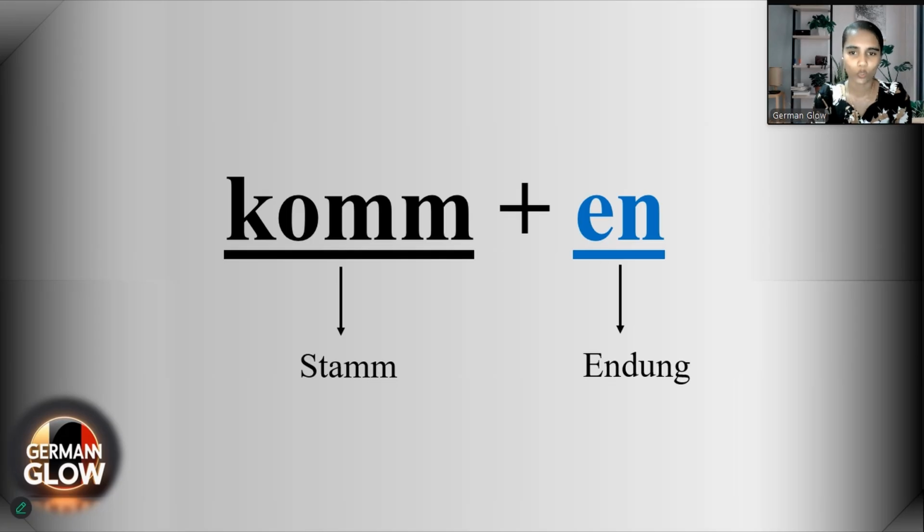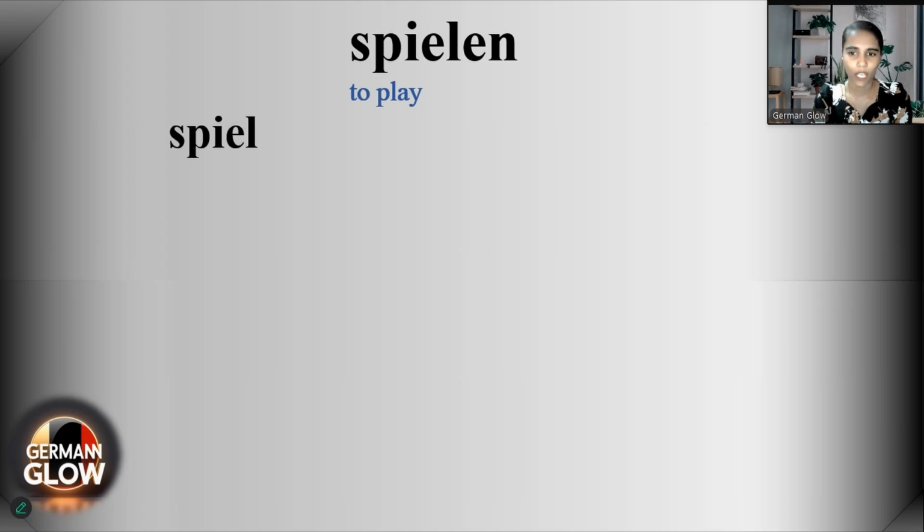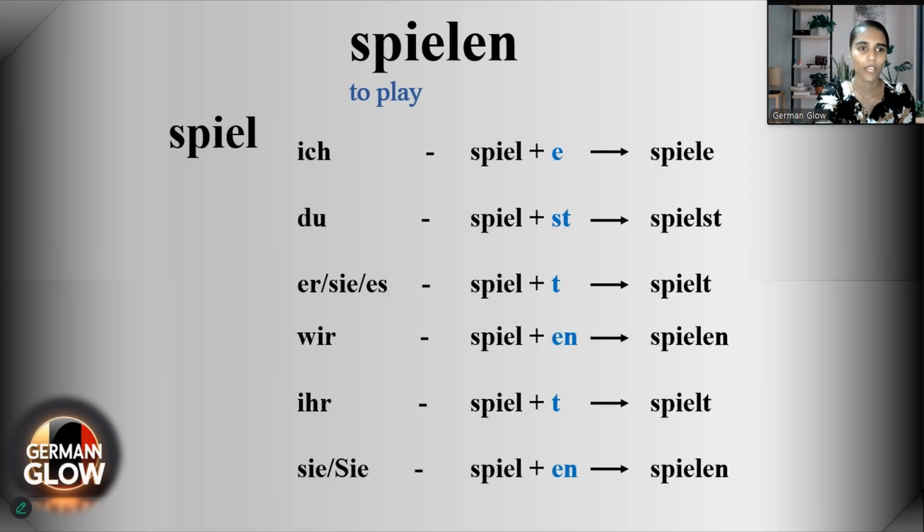For example, spielen, meaning to play. The verb Stamm is spiel, and the Endung is en. When we conjugate spielen in the present tense: ich, spiel plus e, spiele.